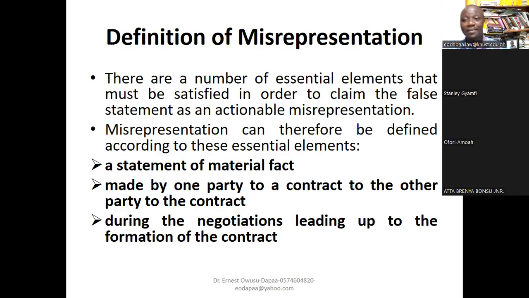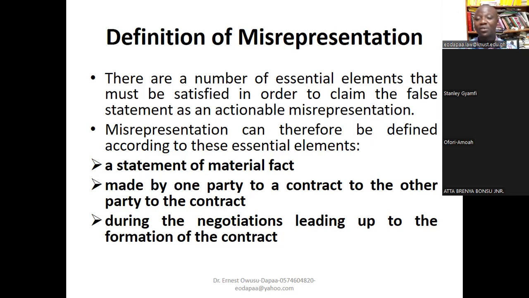If you say important statement, that is a statement relating to an important aspect of what you are about to enter into contract, what we are contracting about. And then, of course, that is made by one party to the contract to the other. And what this means is that you cannot make a misrepresentation to yourself, okay? You cannot be a victim of your own misrepresentation. That is inconceivable. So let us keep that in mind.